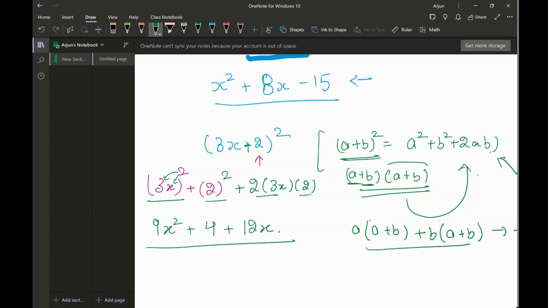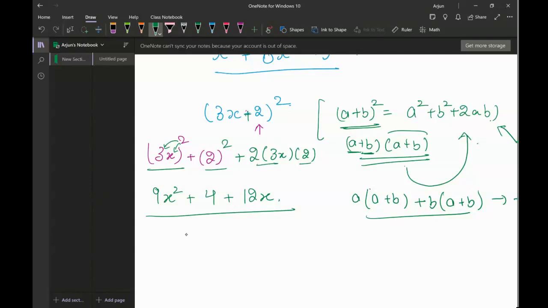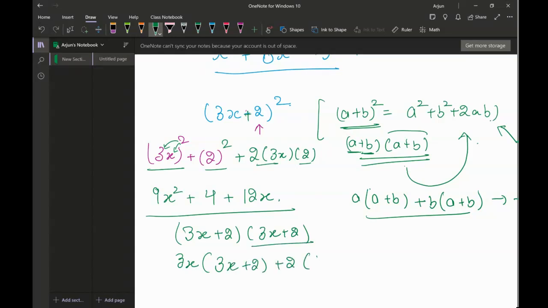Now this will be my final answer. You could have done this question by writing them separately: (3x + 2) as the first term multiplied by this complete parenthesis, plus 2 multiplied by (3x + 2). Once you simplify this, you're going to get the same final answer.